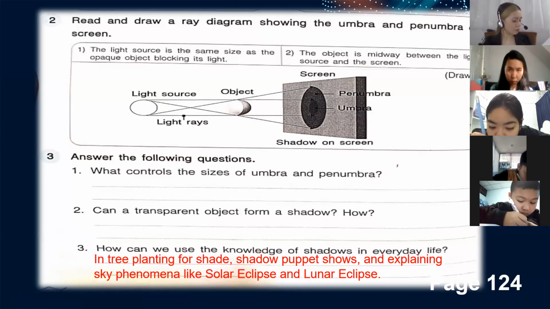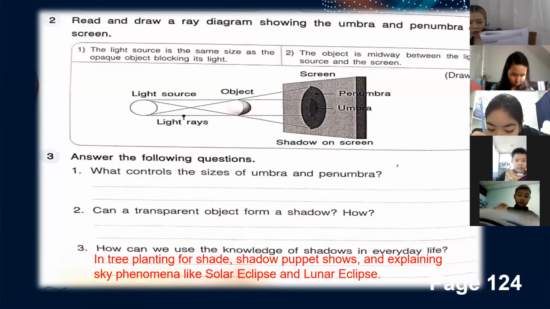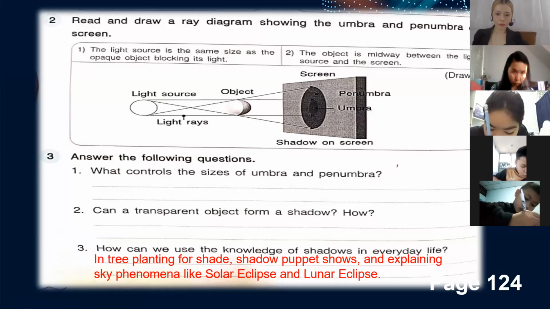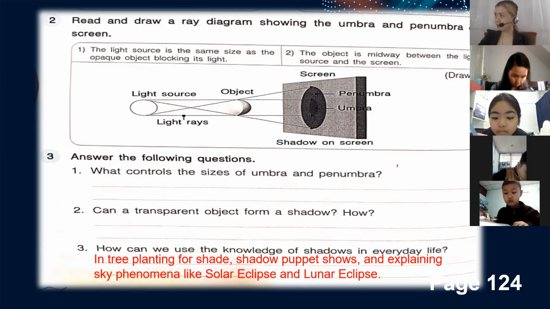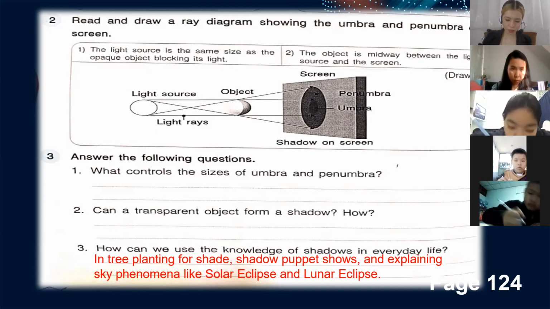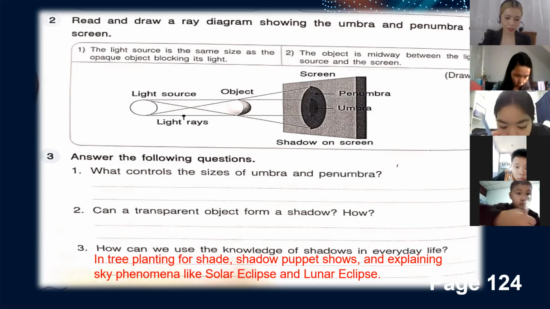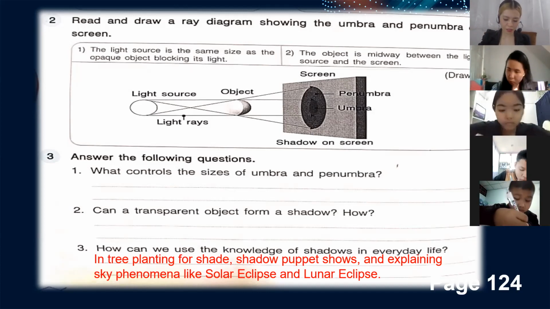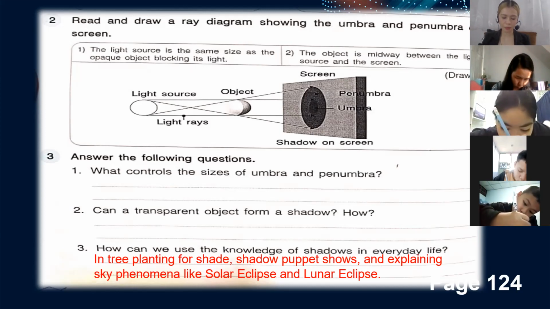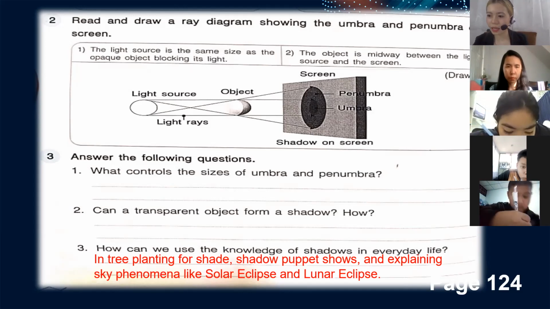I'll count 1 to 20. 1, 2, 3, 4, 5, 6, 7, 8, 9, 10, 11, 12, 13, 14, 15, 16, 17, 18, 19, and 20.